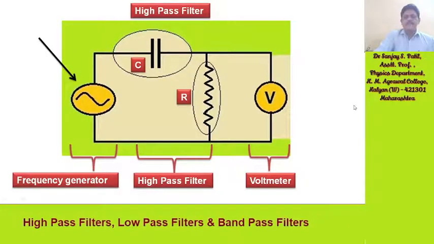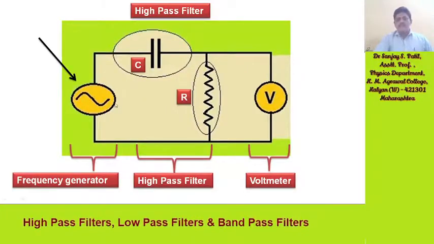Then change the frequency from 100 Hz, 200 Hz, 300 Hz, like this, from lower frequency to higher frequency. Since this is a high pass filter, in case of low frequency there will be no output or low output at the voltmeter shown here in the diagram.